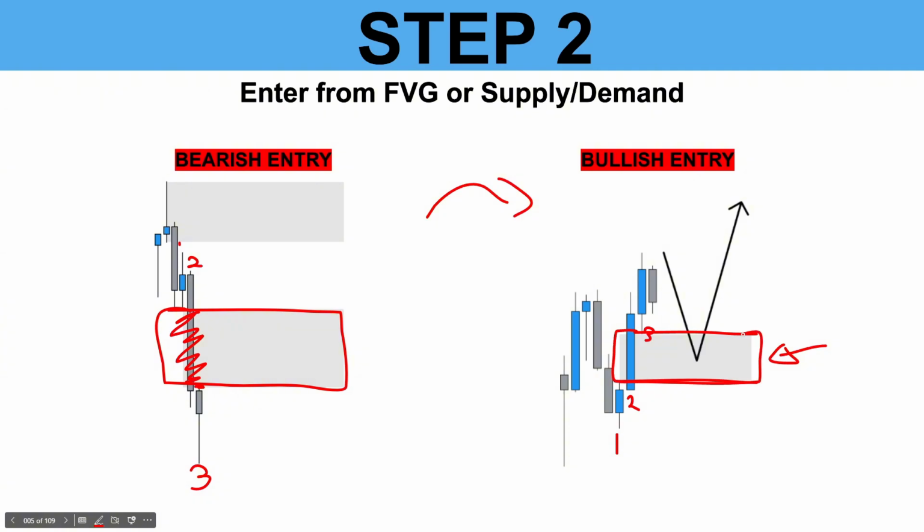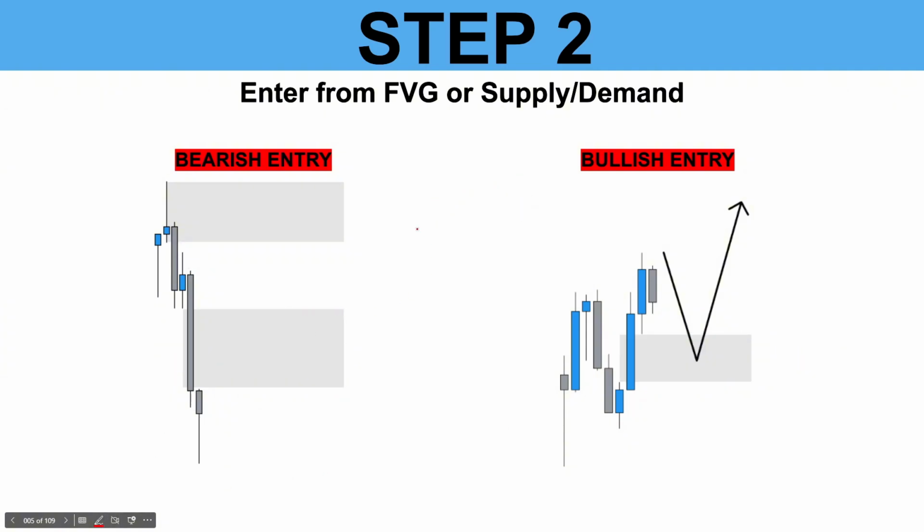As you can see, we get left with this area of candle 2, which is the fair value gap or the imbalance, whatever you want to call it. And that is how we can take a bullish entry. So these are the two ways that you can be taking an entry on the two types of market, bearish entries and bullish entries, explained right here.